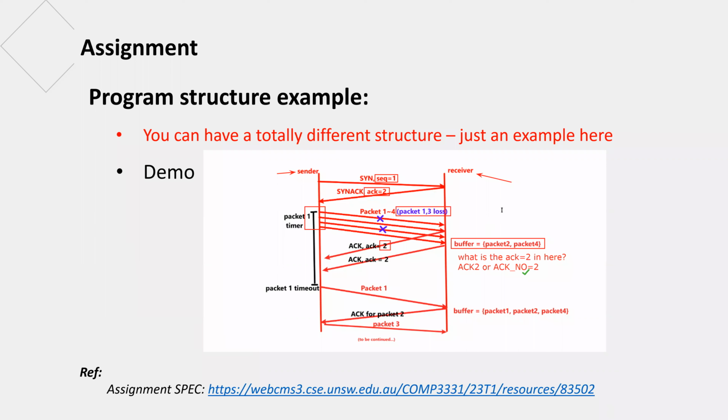And here, it's like selective repeat, right? We will save packet 2 and packet 4 in the buffer, so we don't need to send them again. But it is not exactly selective repeat, as we have some differences in this case.